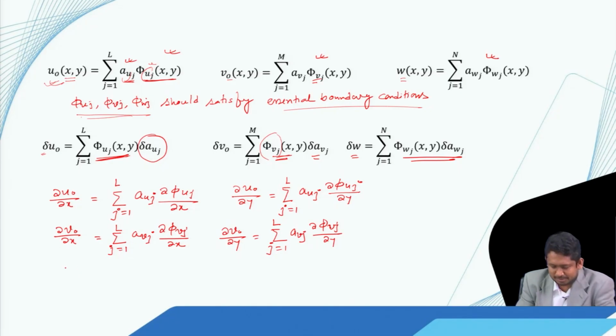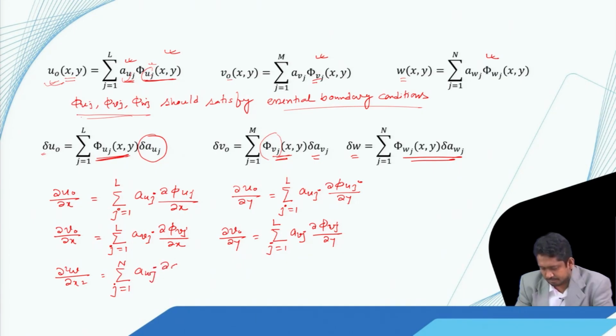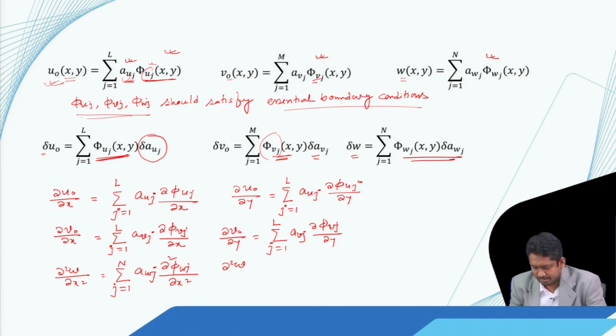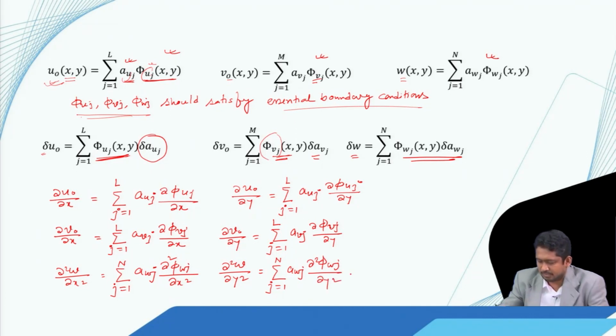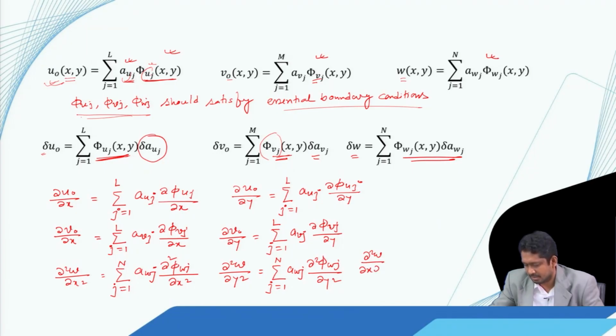Here we need only the second order derivatives. So, we define them: del square w by del x square is summation j equal to 1 to N, A w j del square phi w j by del x square, and we have del square w by del y square equal to summation j equal to 1 to N, A w j del square phi w j by del y square, and similarly del 2 w by del x del y is equal to summation j equal to 1 to N, A w j del 2 phi w j by del x del y.